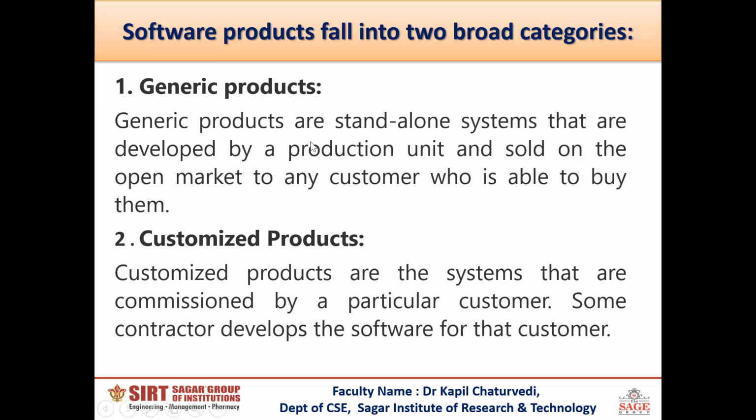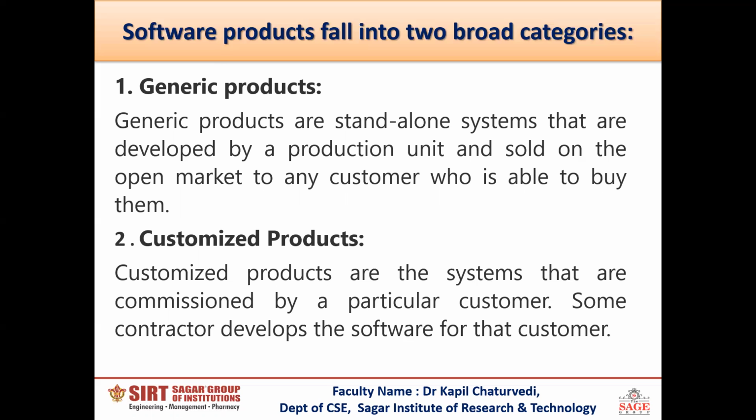So what is the official definition? Generic products are stand-alone systems that are developed by a production unit and sold on the open market to any customer who is able to buy them. And customized products are systems that are commissioned by a particular customer. Some contractor develops the software for that customer.